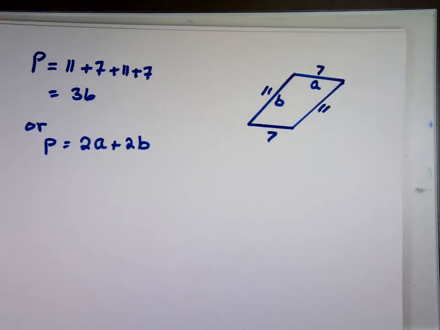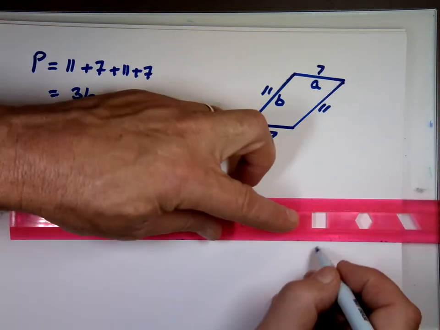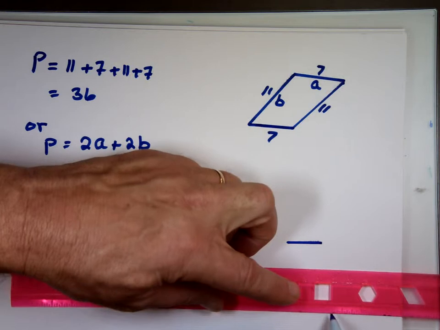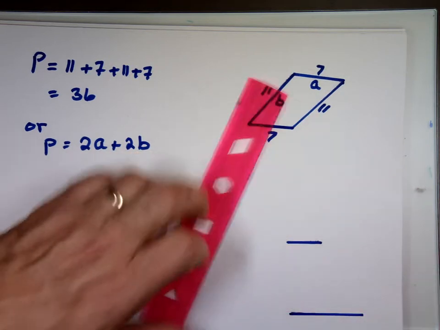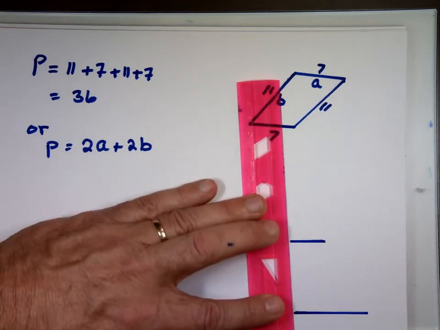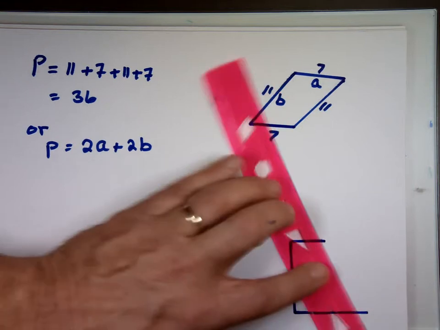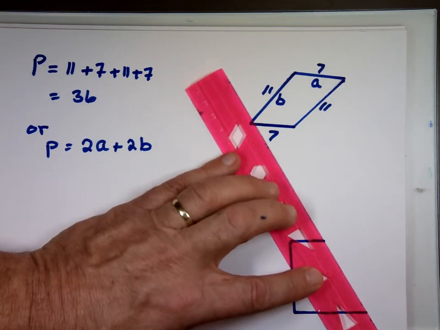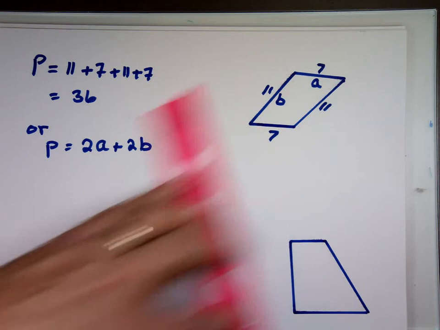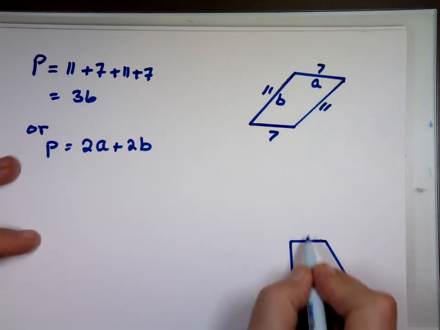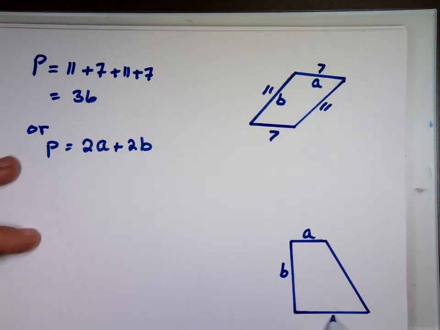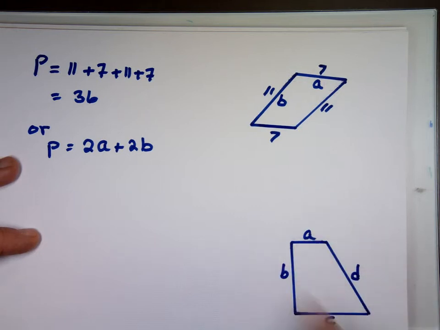If the shape was a trapezoid, now a trapezoid, only 2 sides are parallel. This is A, B, C, and D. They are not equal, so I can't use A and A here or B and D here.